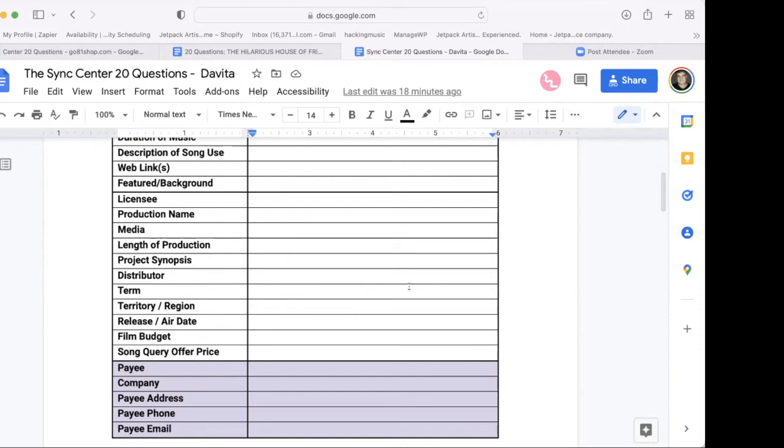But the end person who says yes is the artist or the family estate, if the artist has passed away. If it's the Buddy Holly estate, then his wife has to connect with the project, because she says no automatically all the time. So if you can get their heart and their passion and really communicate the mission and vision of the project, this is where we do it, the project synopsis.